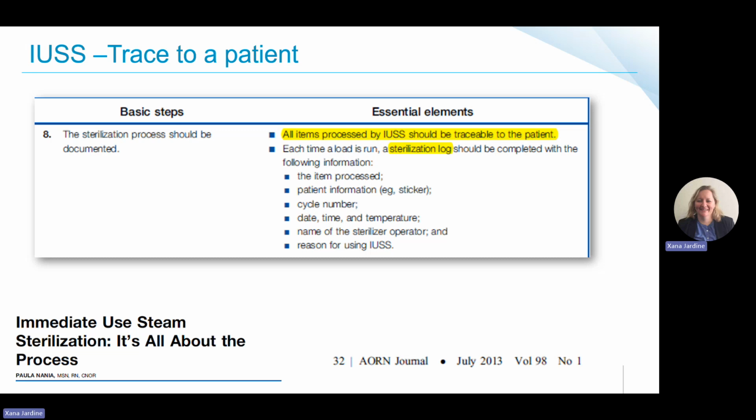So each time an immediate use steam sterilization load is run, a sterilization log should be completed, and it must record the following information: the item that was processed, the patient information, so you would normally use a patient sticker, for example, the cycle number, the date, the time, and the temperature of the cycle that you used, the name of the sterilizer operator, and the reason for using the immediate use steam sterilization cycle.